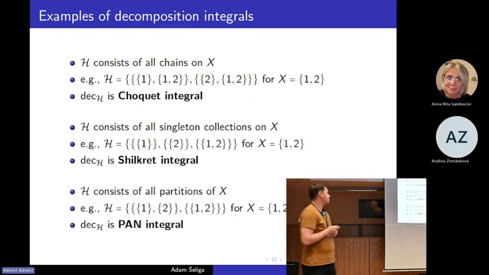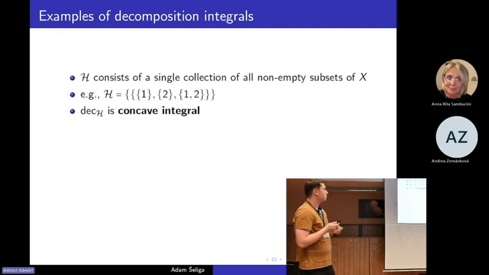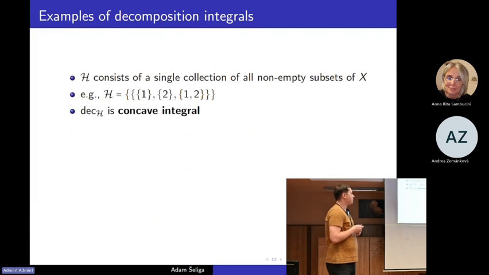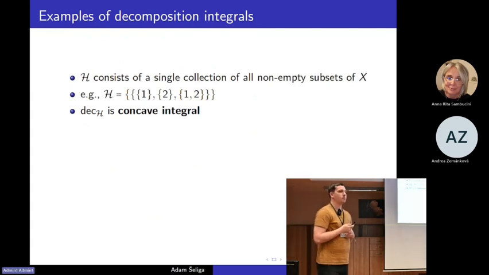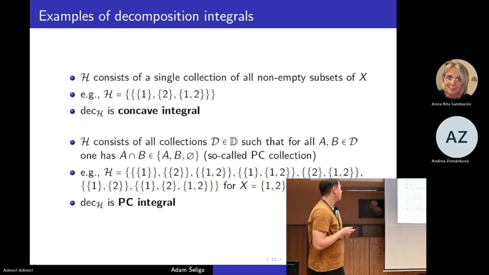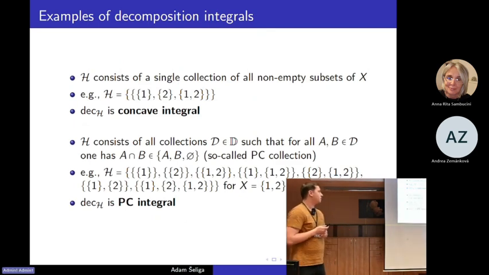All partitions lead to the pan integral. We can also obtain the concave integral if we have a decomposition system consisting only of the maximal collection, and also, for example, the PC integral that was introduced by Andy and Professor Mesiar. It has a bit complicated condition.